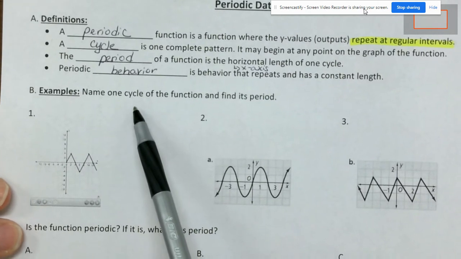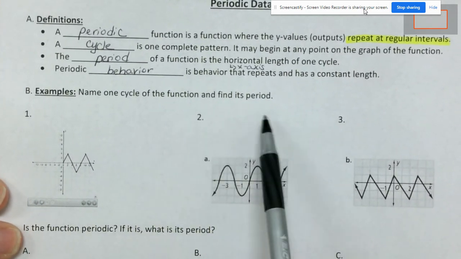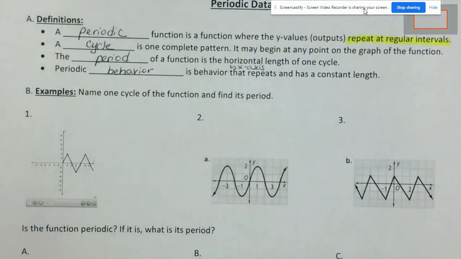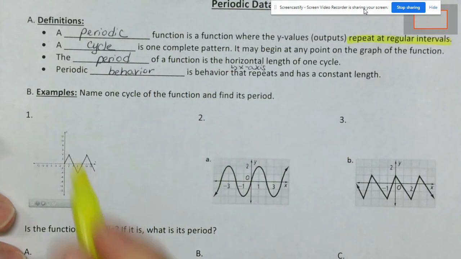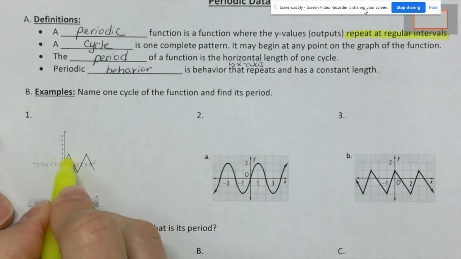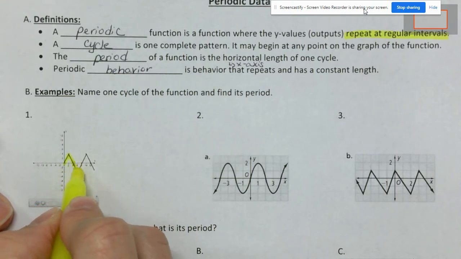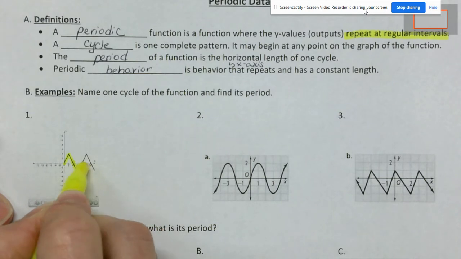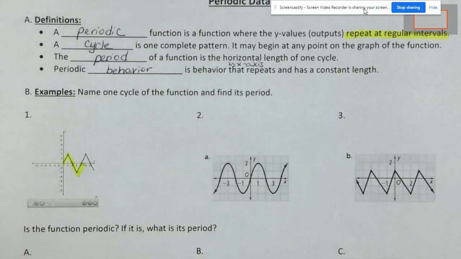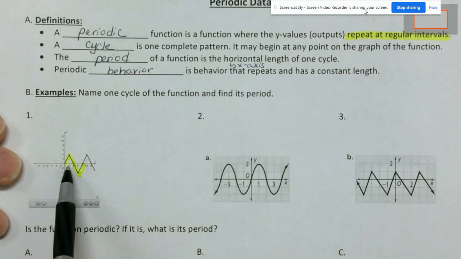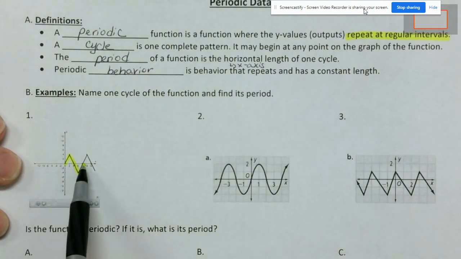Name one cycle of the function and find its period. So what we want to do is look at where this thing is a cycle. Now notice, if we start here, we go up and then we start going down and then we go back up to this point, and that's where we've started. So that is one cycle. So our cycle length here, you can see these is 0, 2, 4, 6, 8.